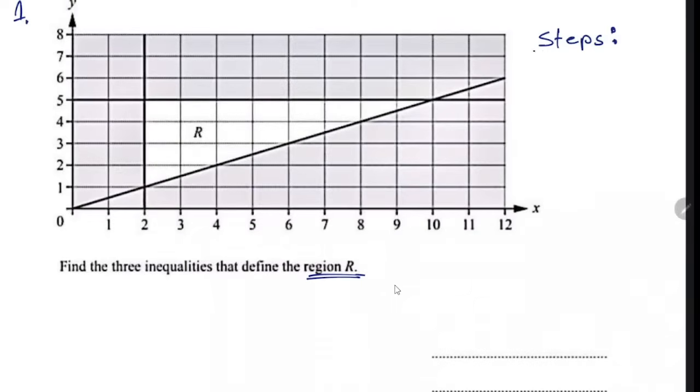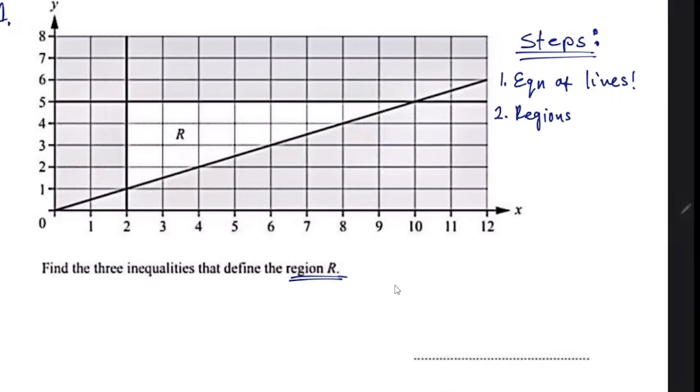Here are the steps. Number 1 is you need to find the equation of each of the lines. Then you check the regions after that, to then make the inequality.